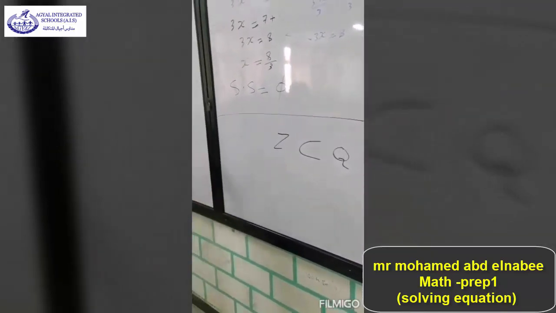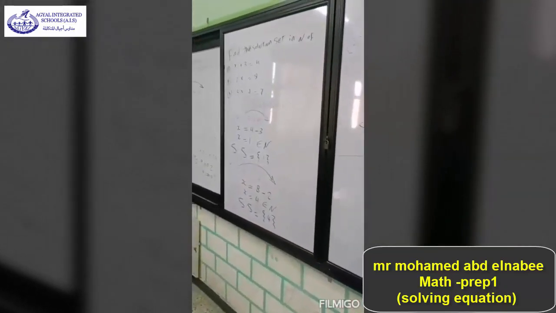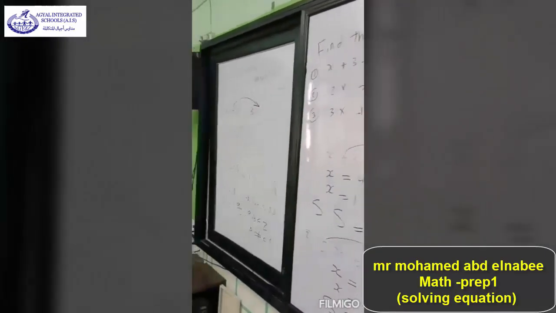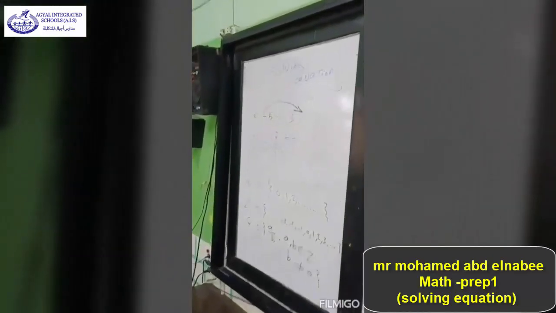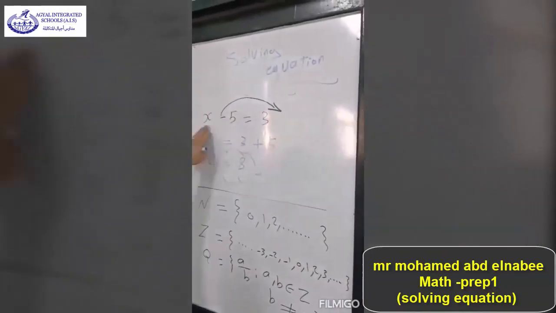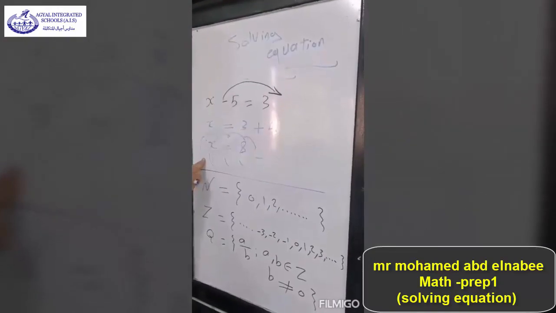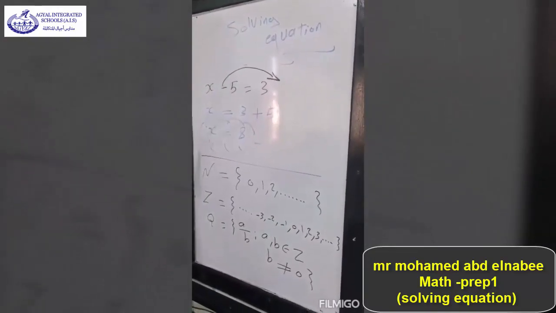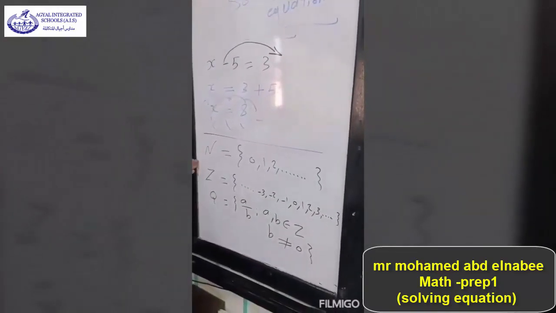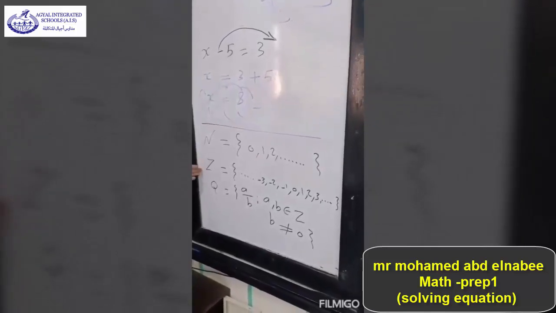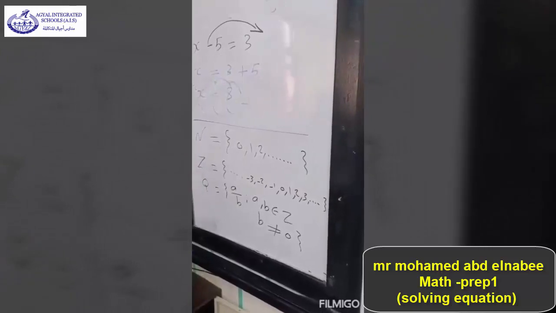Okay? Let's look quickly again at all of this to take another type of solution. We start with the meaning of equation. It's a relation that contains one variable, and we need to find the variable. Number 2, this is the set of numbers which we studied in primary 6 and prep 1, and Z and Q. Don't forget it.